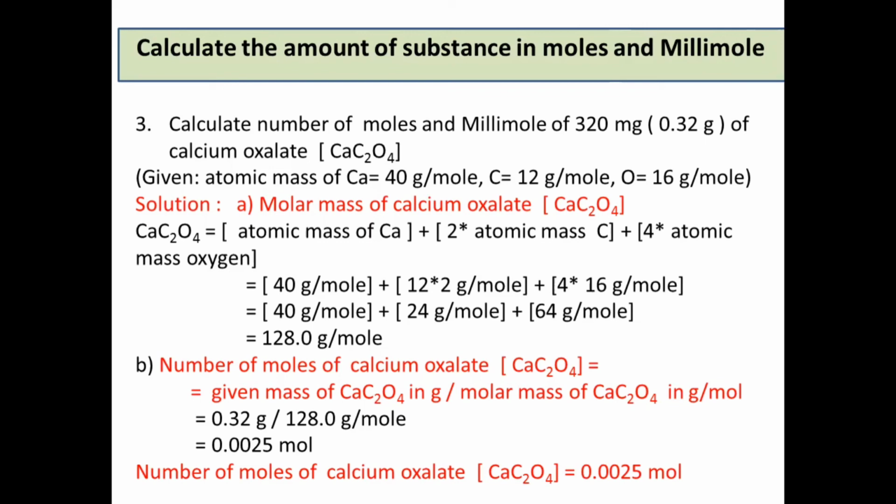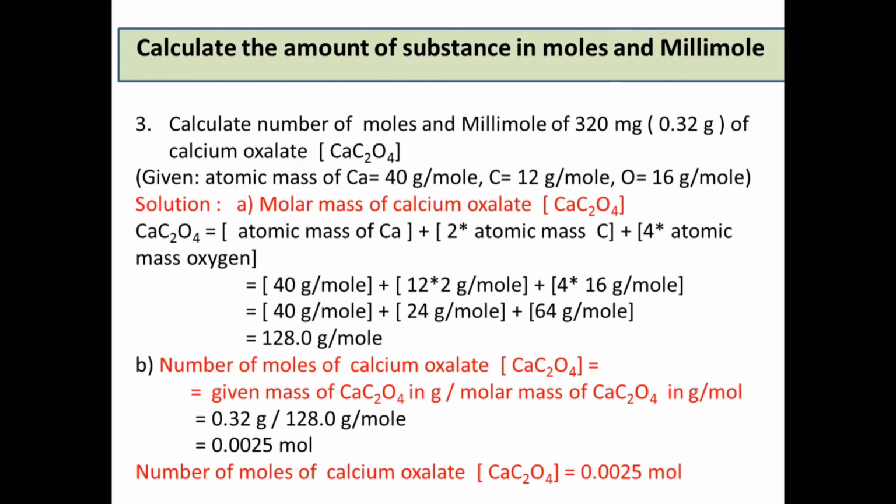Now it is very important, if you have to calculate the number of moles and millimoles, that one should know the molar mass of that particular substance. Sometimes the molar mass might not be given in the question paper. Then one should know how to calculate the molar mass of a particular substance.